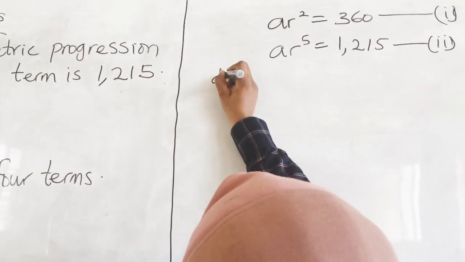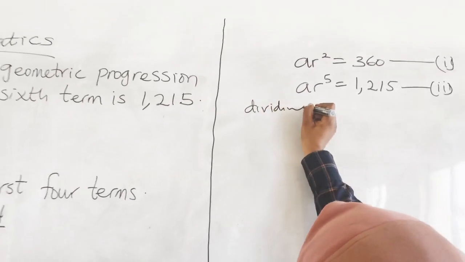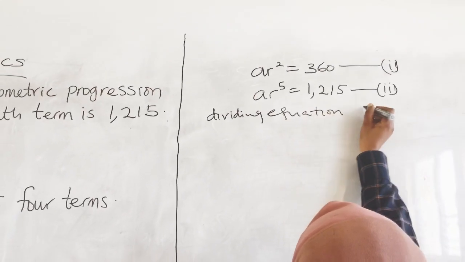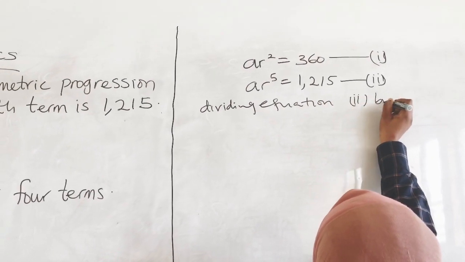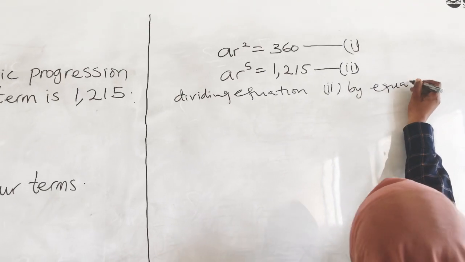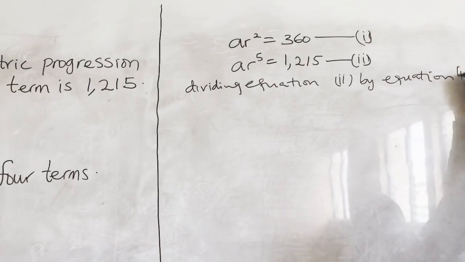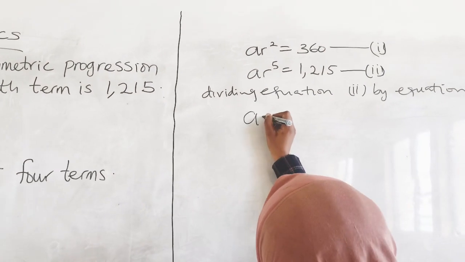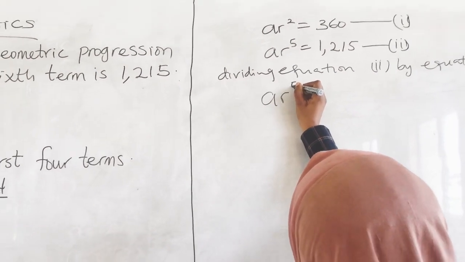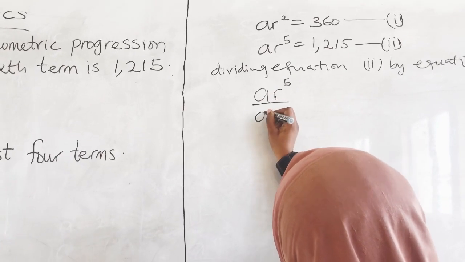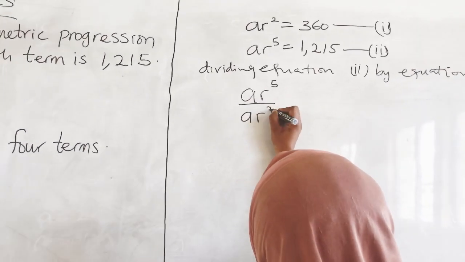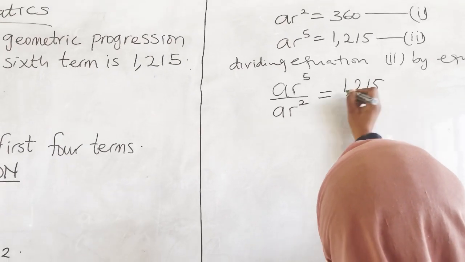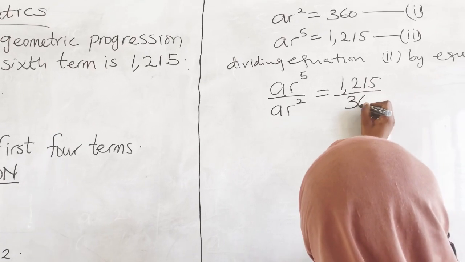So dividing equation 2 by equation 1 gives A multiplied by R raised to the power of 5 divided by A multiplied by R raised to the power of 2 is equal to 1215 divided by 360.